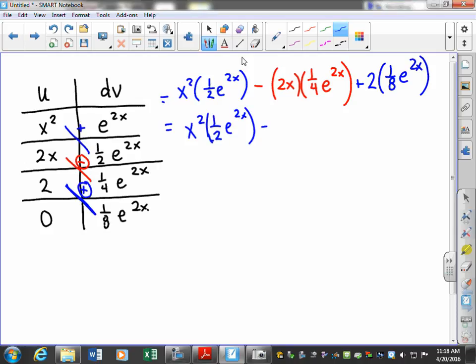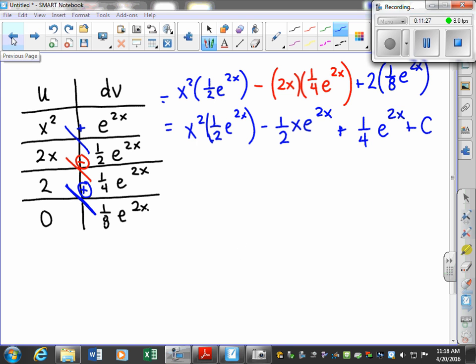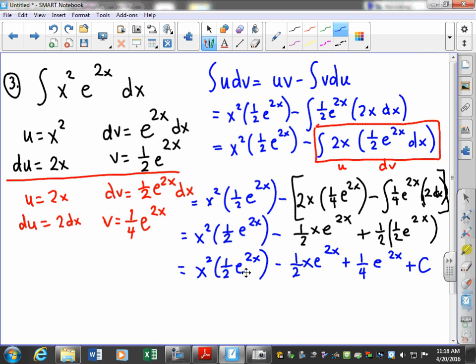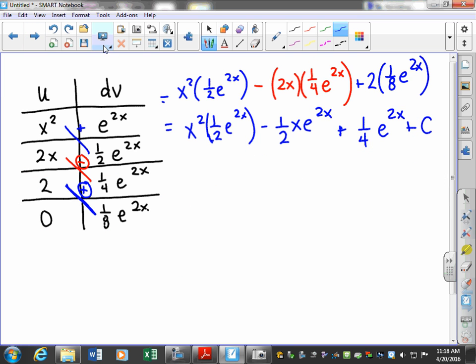Here, what's 2 times 1/4 simplifies to be just minus 1/2 x e to the 2x. And what about 2 times 1/8? Plus 1/4 e to the 2x plus a constant. And that's what we got here. So check.